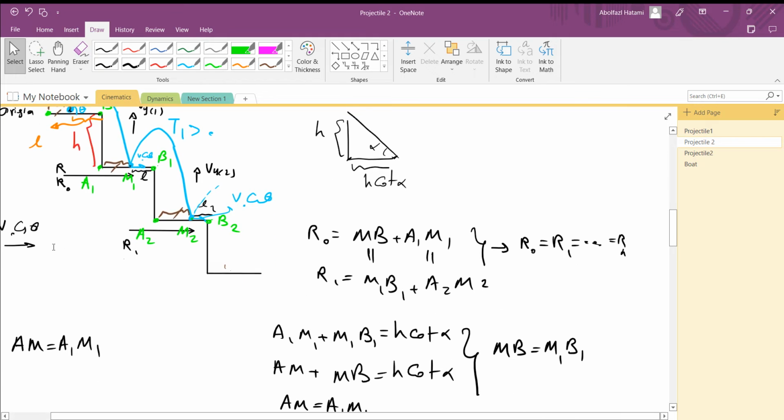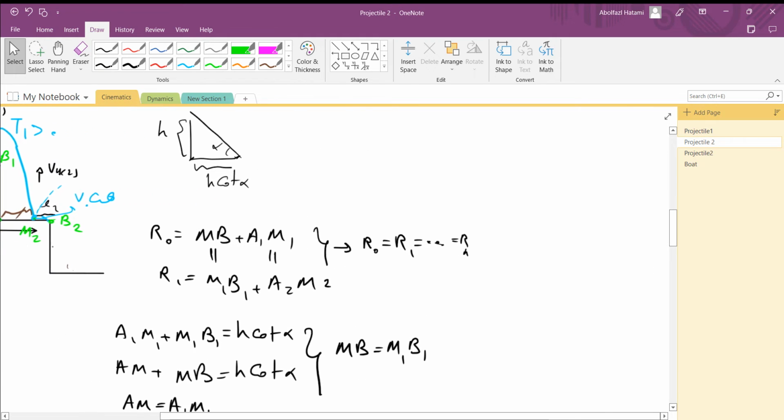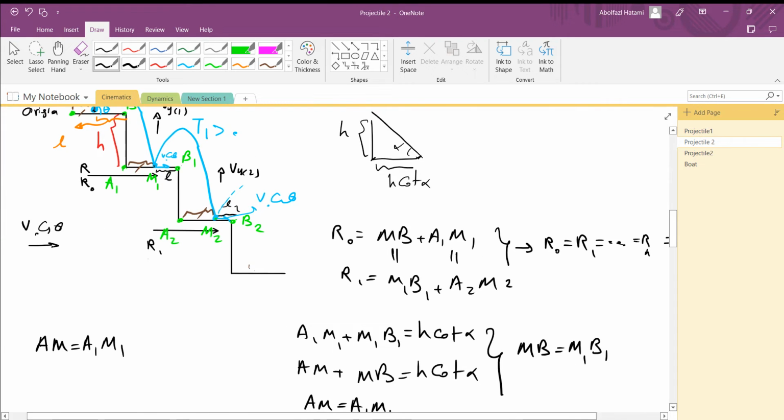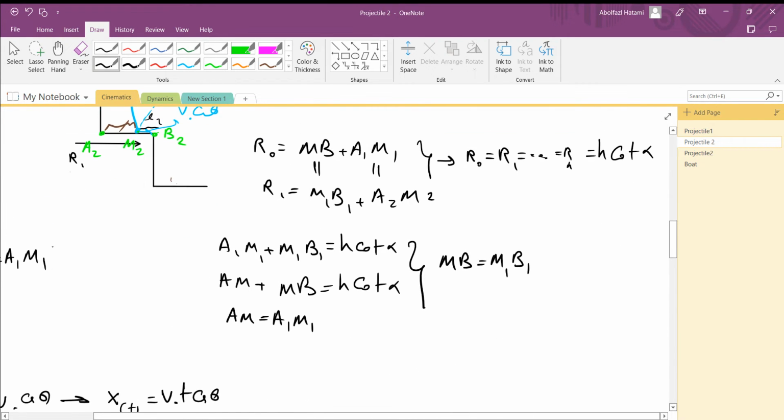It means that r0, they are all equal to h cotangent of alpha. We should use this equation.